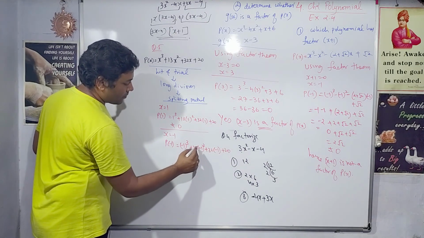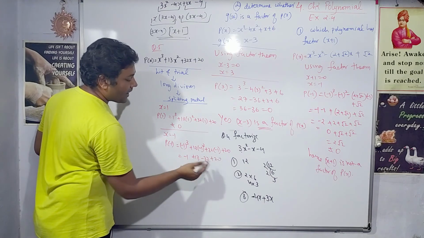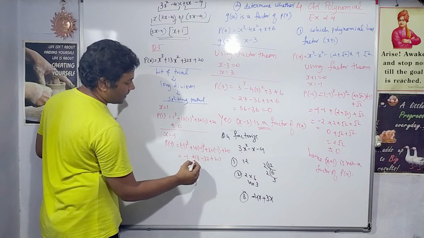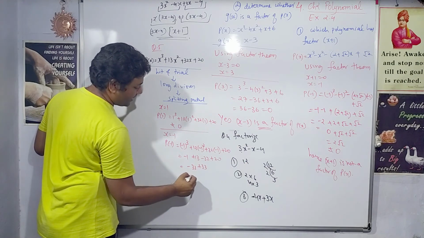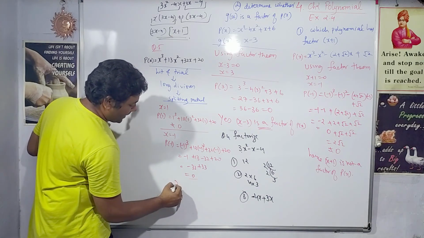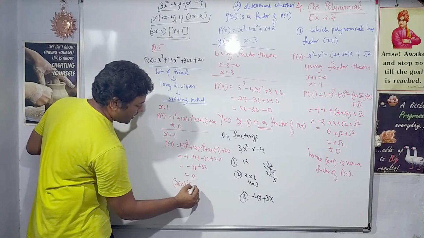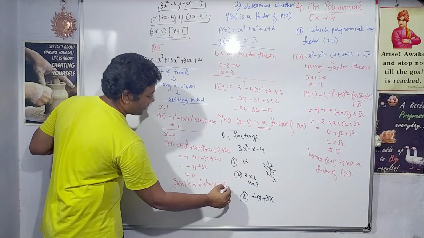This will be minus 1, plus 13, minus 32, plus 20. Add all the positive, add all the negative: minus 33, and here it will be plus 33. Yes, I got 0. So what can I say? That x plus 1 is a factor of p of x.